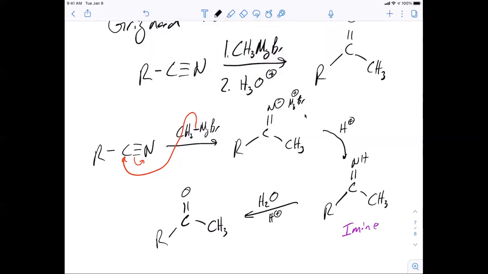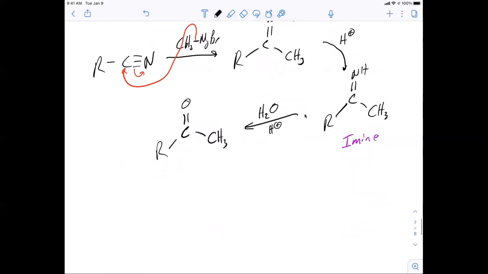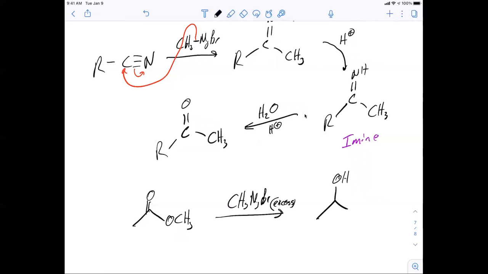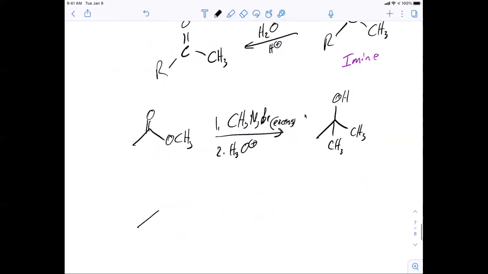So this is a substantial difference to the other carboxylic acid derivatives, right? If I had added the Grignard to the ester, I add the Grignard twice, but with the nitrile, I only add the Grignard once.